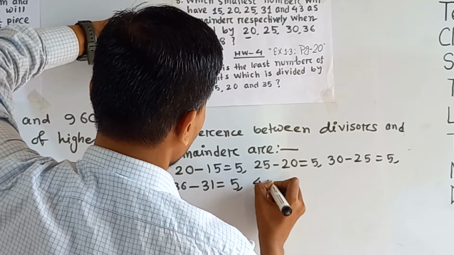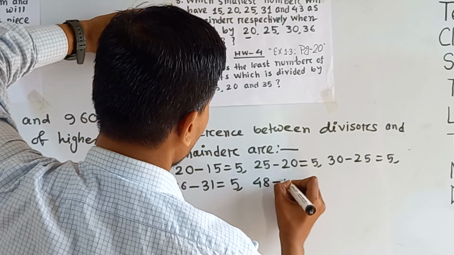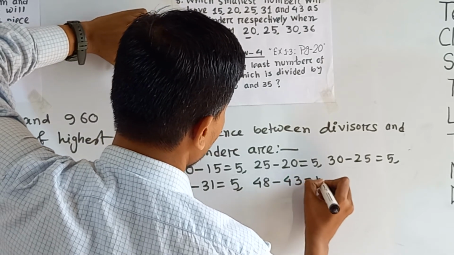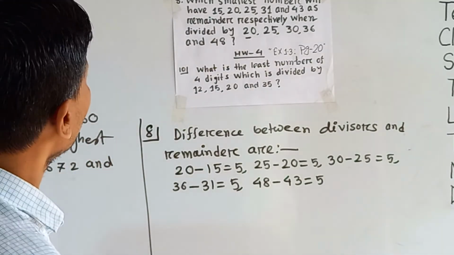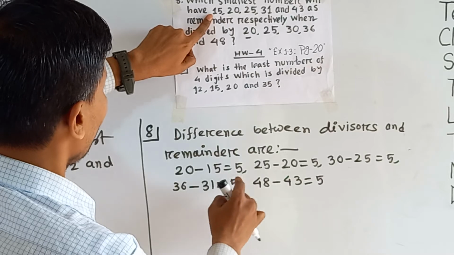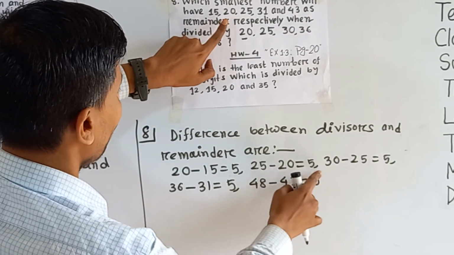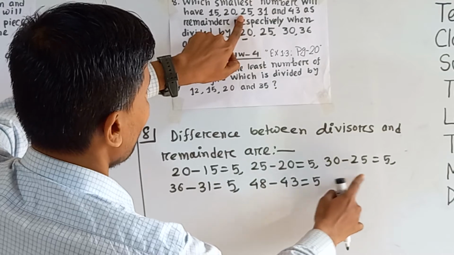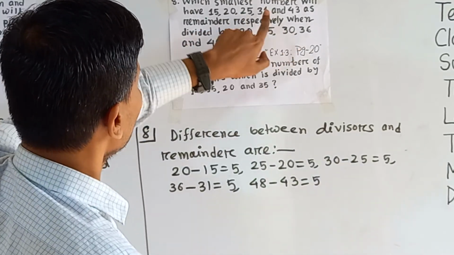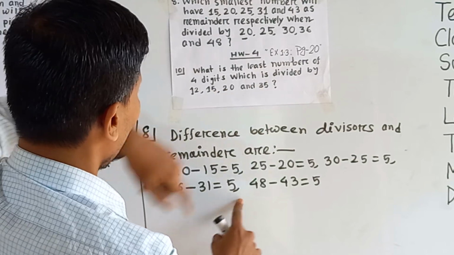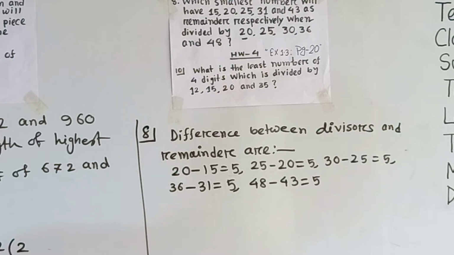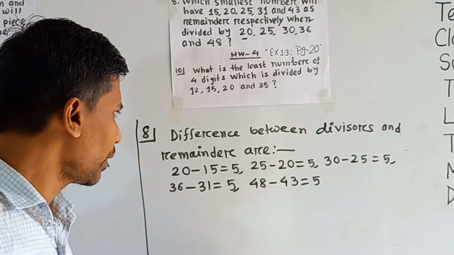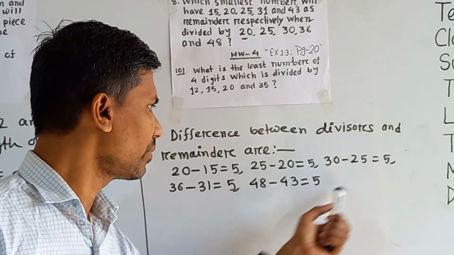Then 48 minus 43 equals 5. This is the difference between divisor and remainder. We look here, in every case the difference is 5.